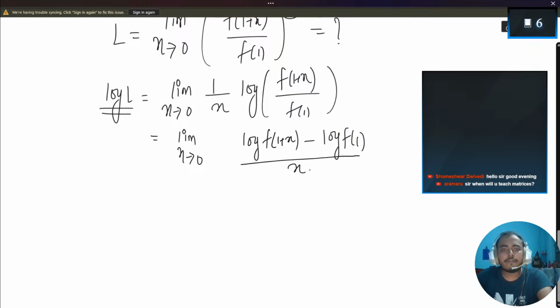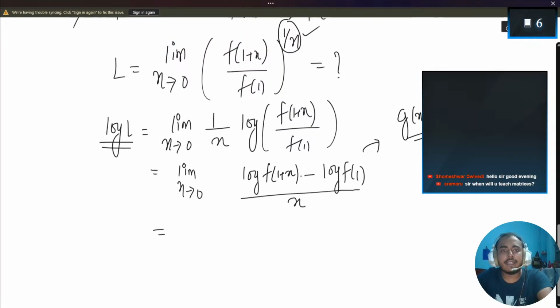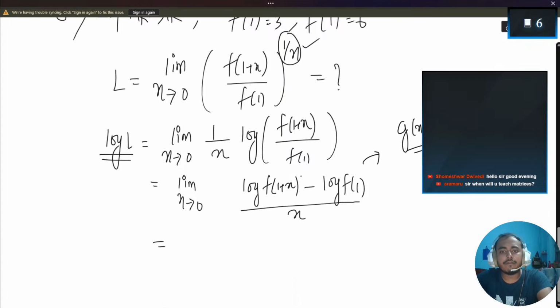Now, in this format, if you were to see what this function is, you can understand again from the definition that we had defined before. If you have a function called g of x, which was equal to log of f of x, then according to the definition of the derivative, this again could have been written like that. So, okay, first let us check what's the f of 1 and stuff like that.